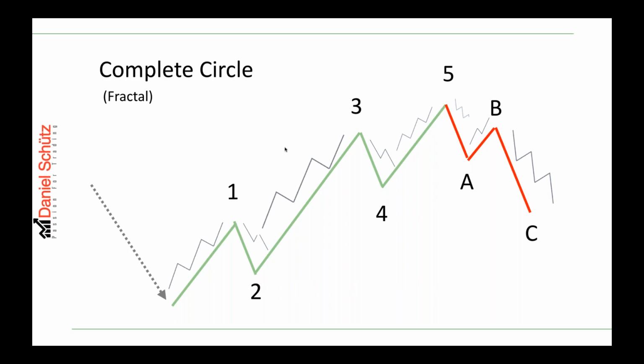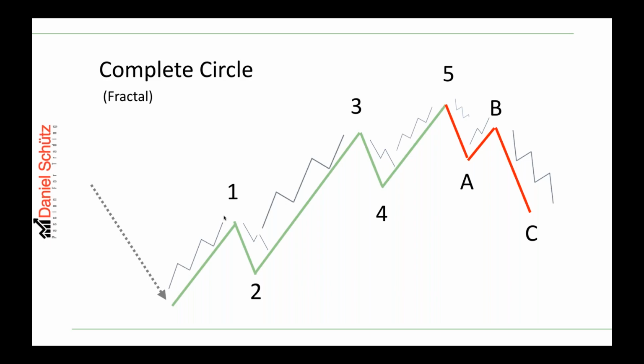We have the impulse waves that contain 5 waves, and the correction waves, those are 3 waves. And so we have a complete cycle, and that is the fractal. And fractal means that also this gray wave here consists of 5 up, 3 down, 5 up, 3 down, and 5 up.